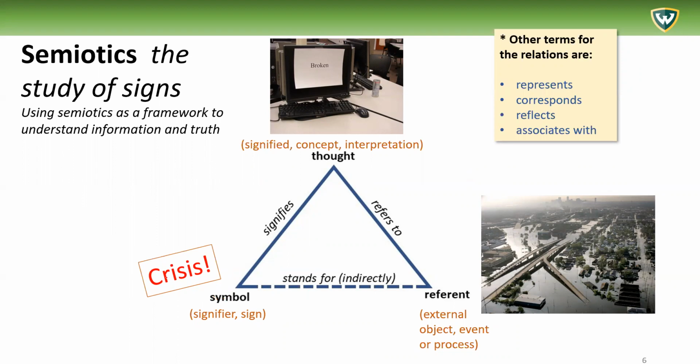Maybe it's emphasized with a particular color or with an exclamation point, like this one here. And we can call this a symbol or a signifier or a sign. And it's a symbol or a signifier or a sign because it signifies or refers to something else. It stands for something, it may stand for something in the real world, some external object, event, or process, or it may stand or signify some concept or thought or interpretation.